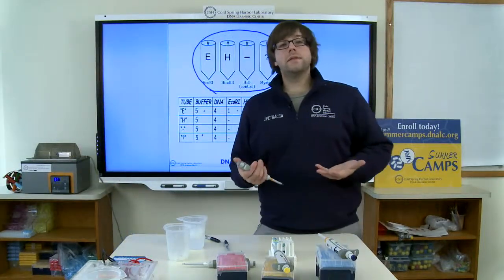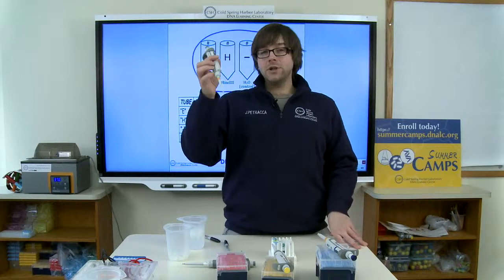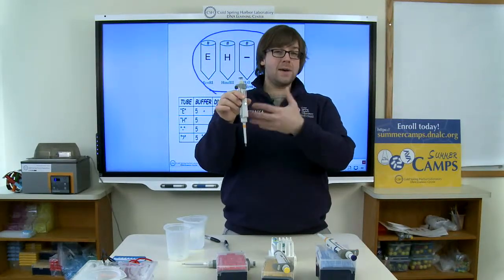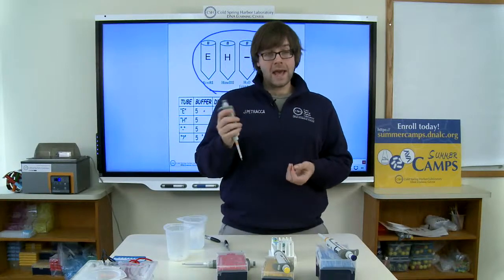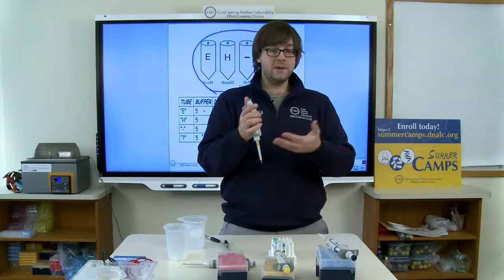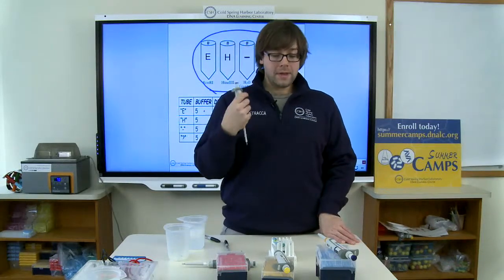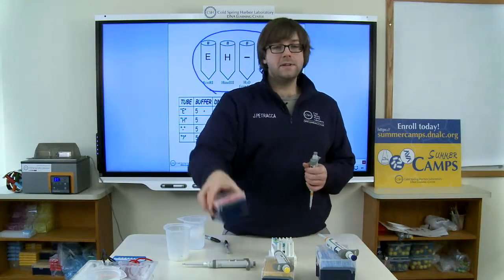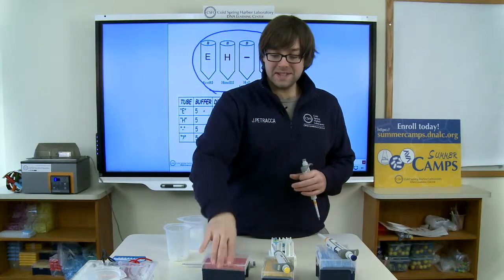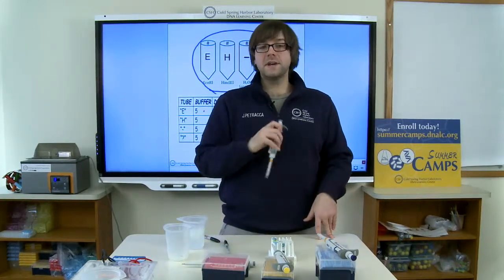When we're dealing with solutions in a chemistry lab, we can't just use the pipette like this. We don't want to damage the inside of the pipette and contaminate future experiments by putting random chemicals inside of it. Thankfully, they've come up with this nifty little invention, pipette tips. Pipette tips are designed to fit specifically on each of the different sizes of pipettes.